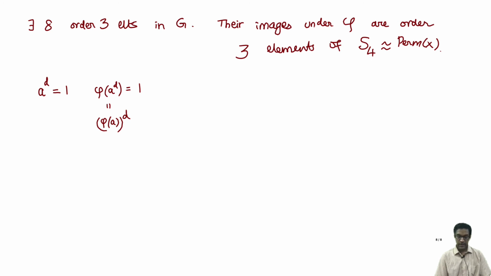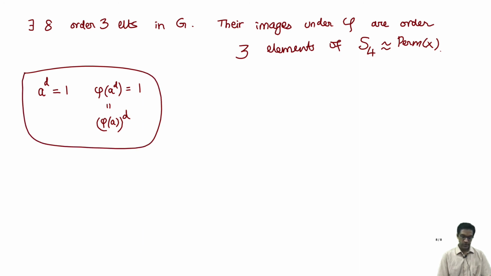But since phi is injective, it also means that if D is the smallest number such that A power D is 1, then D must also be the smallest number such that phi A to the D is 1, okay. If not, it will imply that phi is not injective. Okay, so an injective map preserves orders. So that's what I wanted to say here.